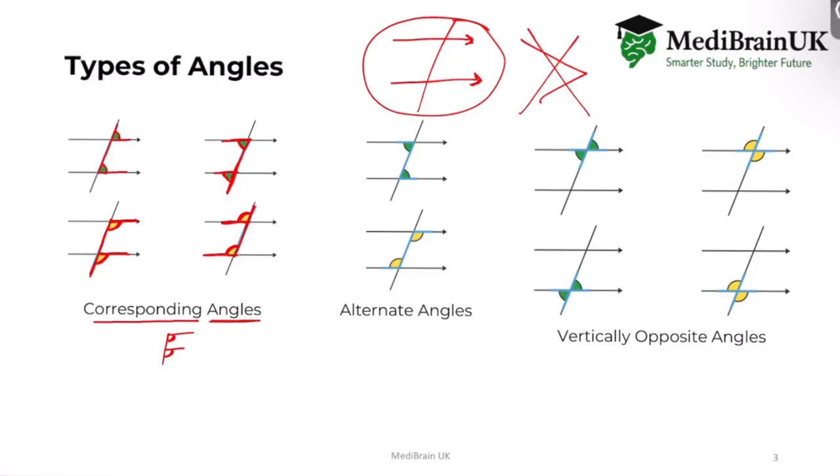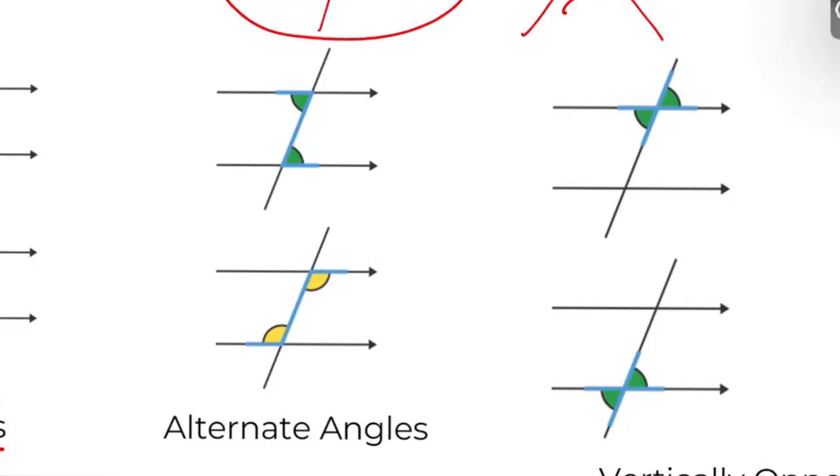The next type of example that you need to know is alternate angles. Now, for alternate angles, you have to look for another letter, and this time it's a Z shape. Over here, when we look at this example, we can see a Z shape being formed.